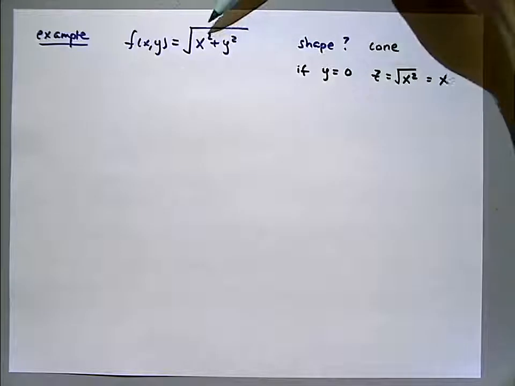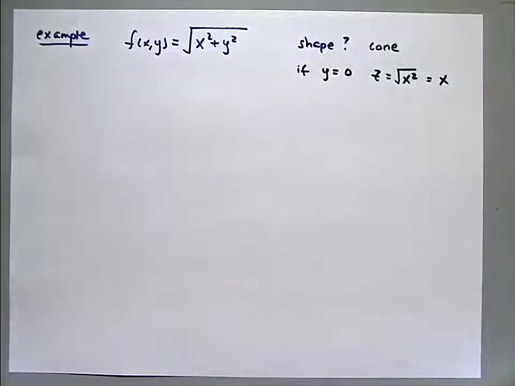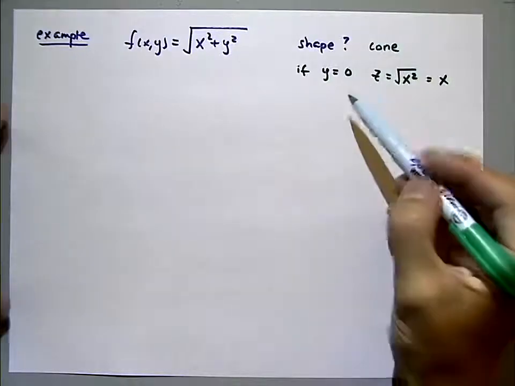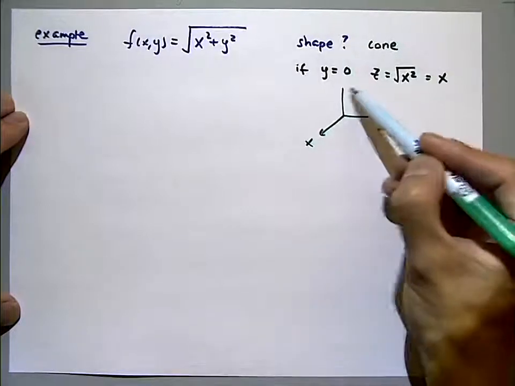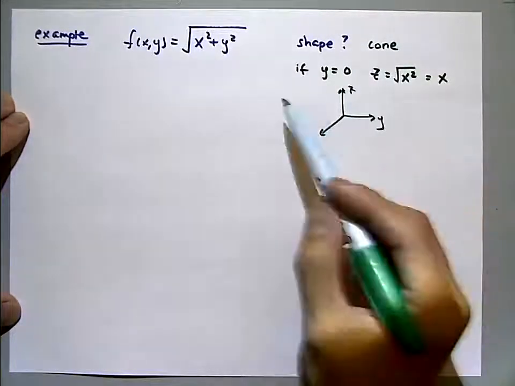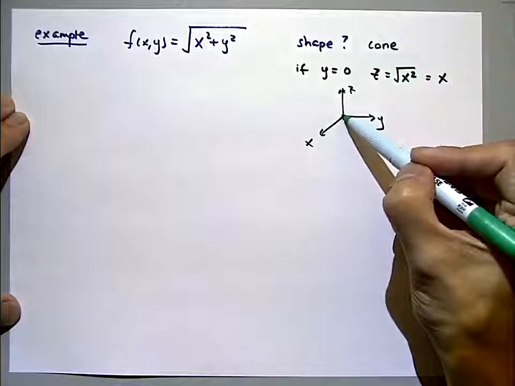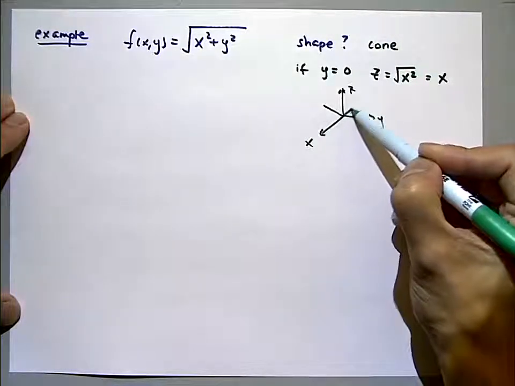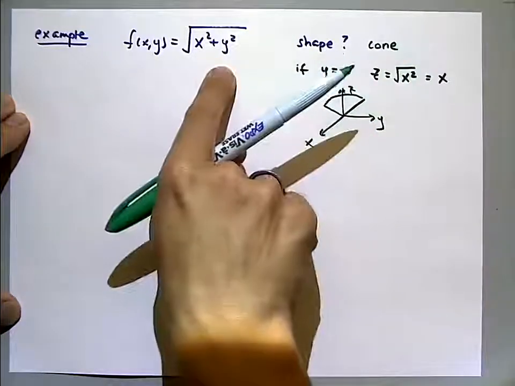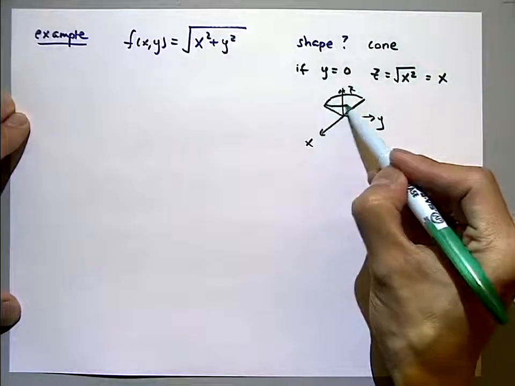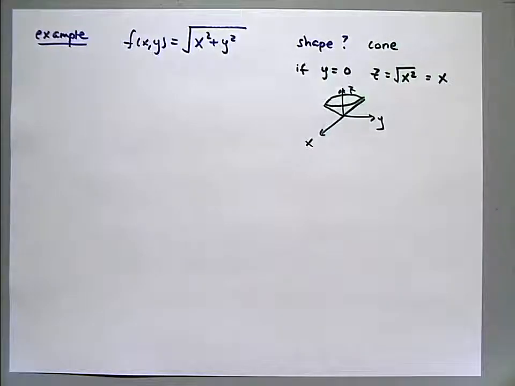Same thing when x is 0, you get z is equal to y, so you get another bunch of lines with different intercepts. So you end up getting a cone out of that. If y is 0, then we get a line like that. If z is 0, we get a line like that. And each cross-section you can see is a circle, right? So we get a circular cone that looks like that.